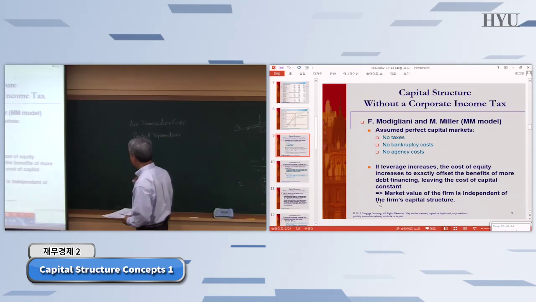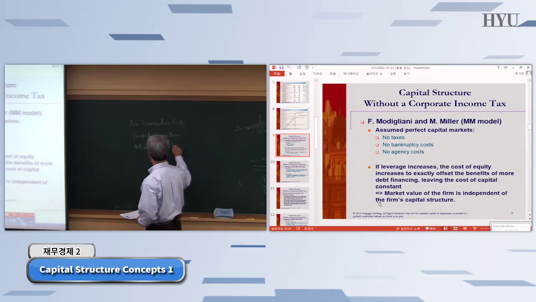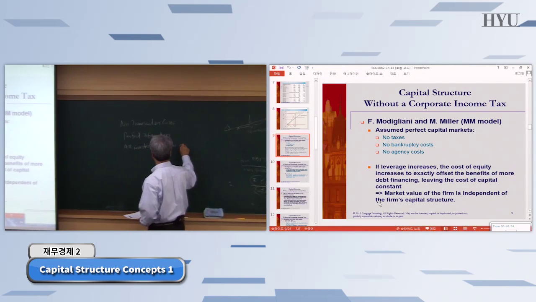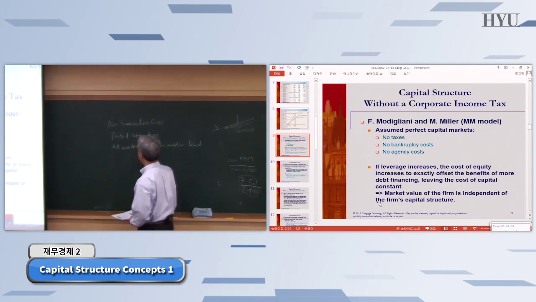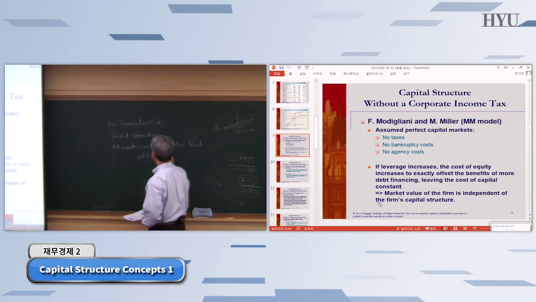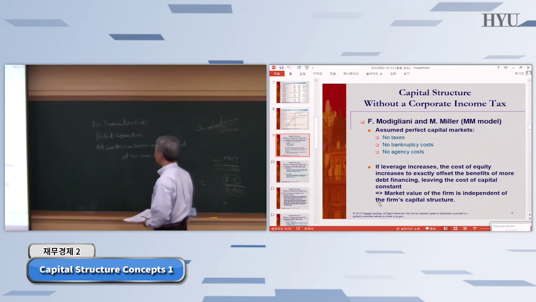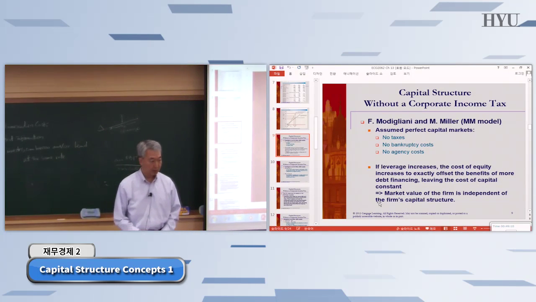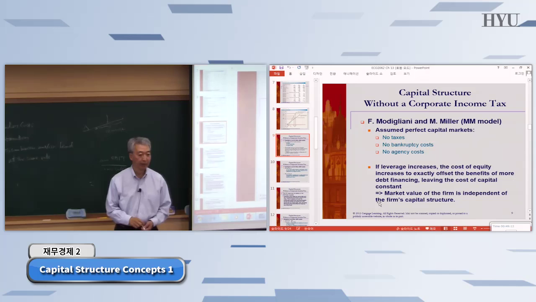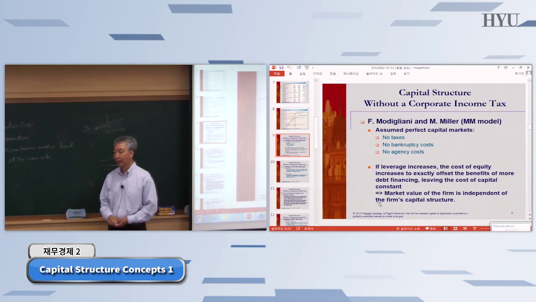And all investors can borrow and lend at the same rate. So there is only one interest rate in the market, and everybody can borrow and lend at that same interest rate, which is quite unrealistic.